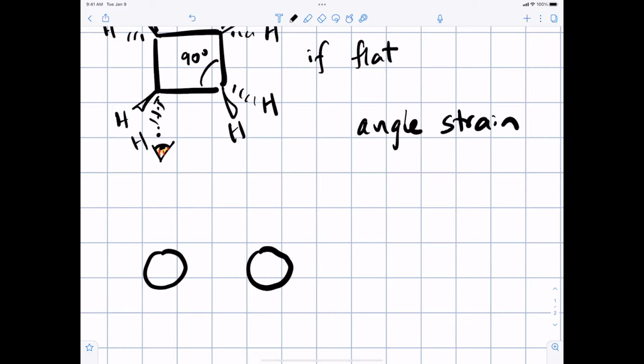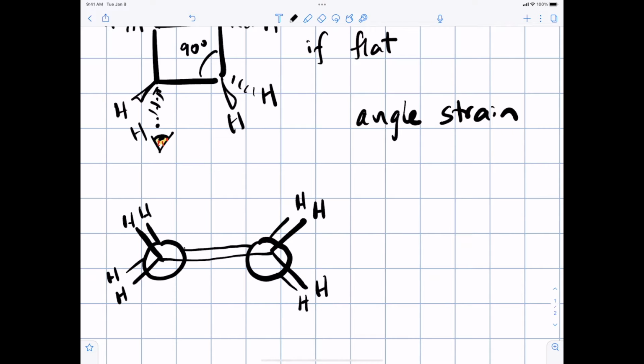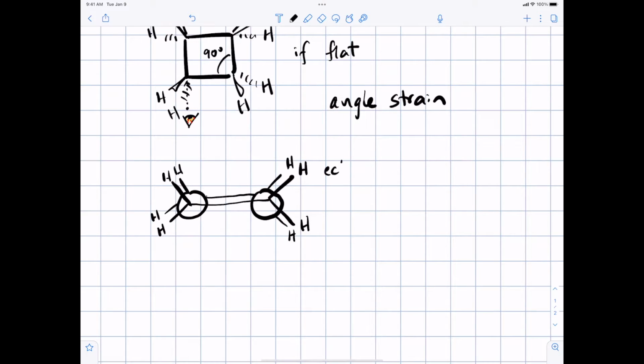But anyway, we're looking down the carbon-carbon bond, and if it were totally flat, you would see that the hydrogens in the front are always eclipsed with the hydrogens in the back. And of course, this you'd expect to be unfavorable. So when the ring is flat, all of the CH bonds are eclipsed. That's going to cause what your text may call torsional strain. Torsion is another word for rotation around a bond.